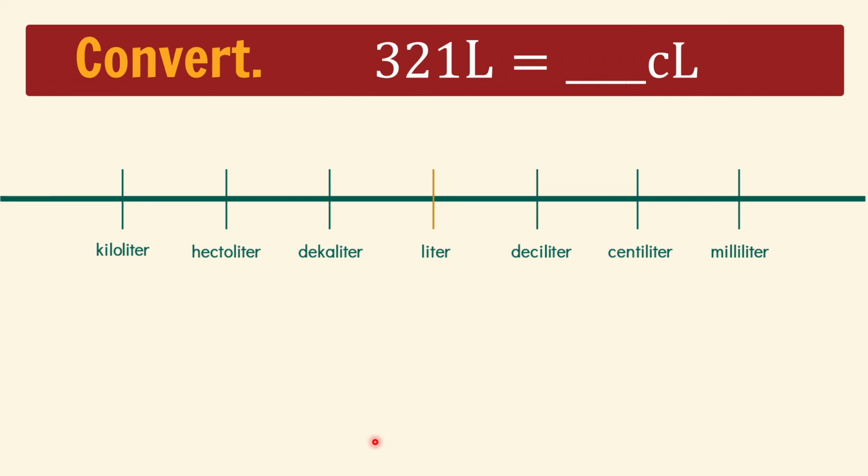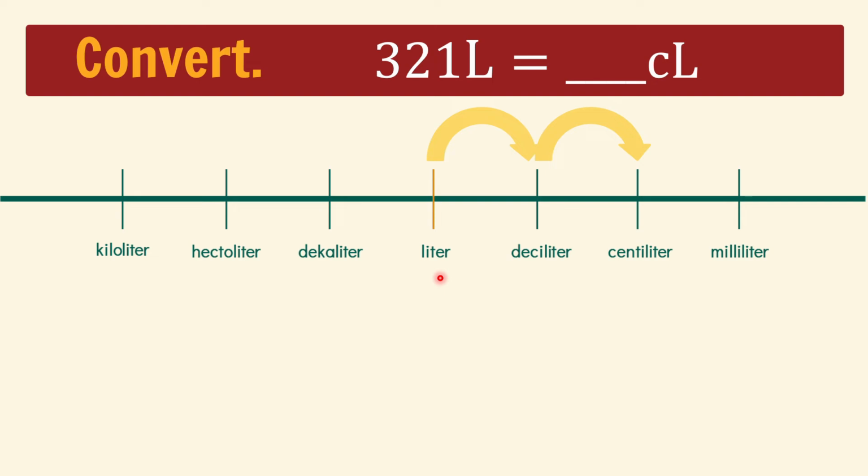Let's have another example. Convert 321 liters to centiliter. Based from the metric system line, how many steps do we need to make from liter to centiliter and in what direction? Okay, so we need to take two steps to the right.